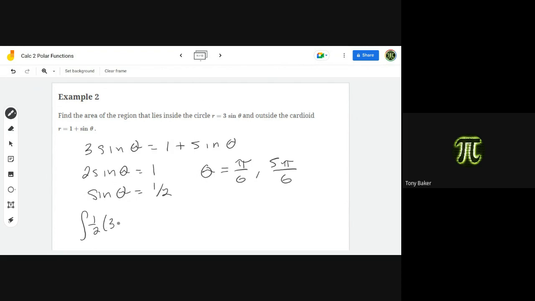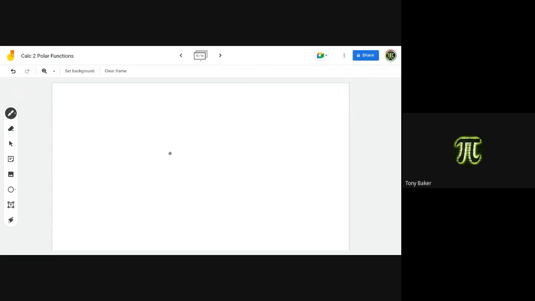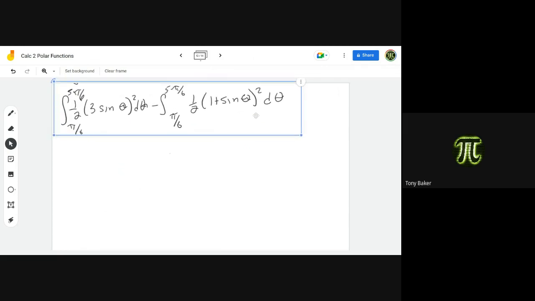So 1/2 of 3 sine theta squared minus the integral, and that's from pi over 6 to 5 pi over 6, 1/2 of 1 plus sine theta squared. So we have that integral that we now have to solve.